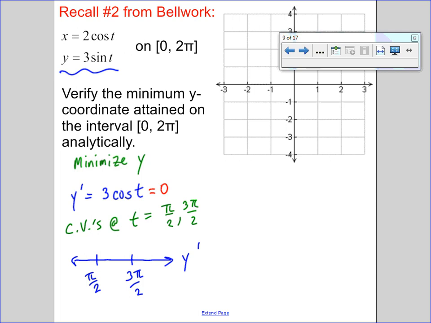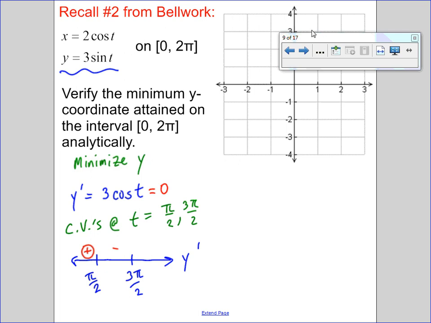So here we go. Convenient x value to the left of pi over 2. I'm going to do pi over 4 just so I can practice. So cosine of pi over 4 is positive root 2 over 2 times 3 is still positive. Convenient value in between pi over 2 and 3 pi over 2 is 3 pi over 4. At 3 pi over 4, my cosine values are negative, negative root 2 over 2 times 3 is still negative.